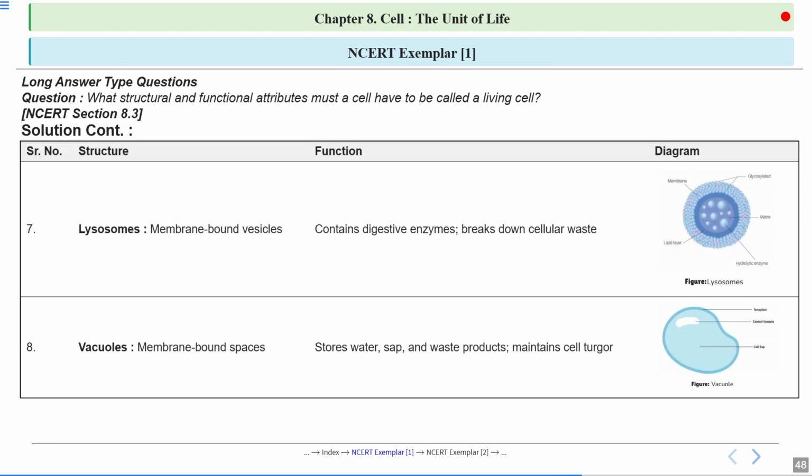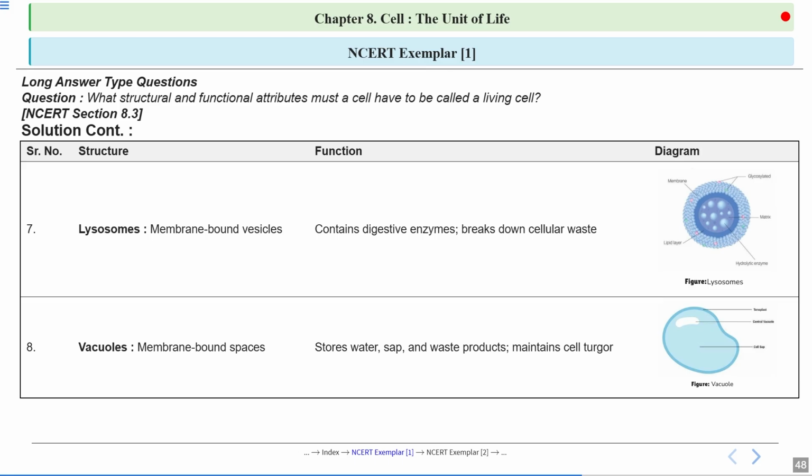Alright, so next are lysosomes. Lysosomes are membrane-bound vesicles. They consist of digestive enzymes, or you can say hydrolytic enzymes, and they break down cellular waste. Cellular waste can be toxic to the cell. Clear?